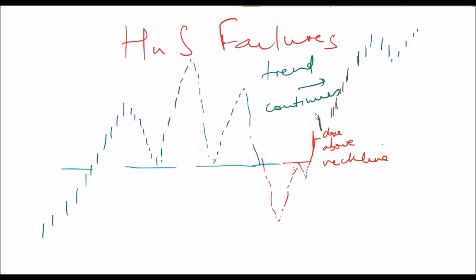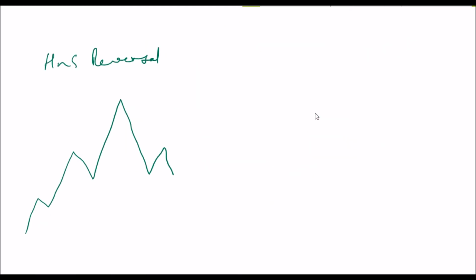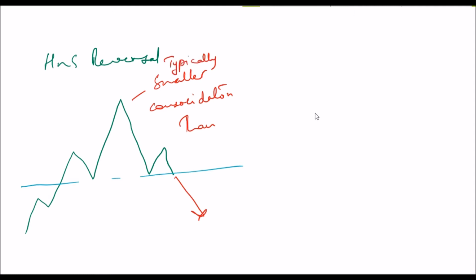If the neckline does not provide support and there is a significant close below the neckline, the head and shoulder pattern would have failed and prices may either consolidate again or continue in the direction of the original trend.